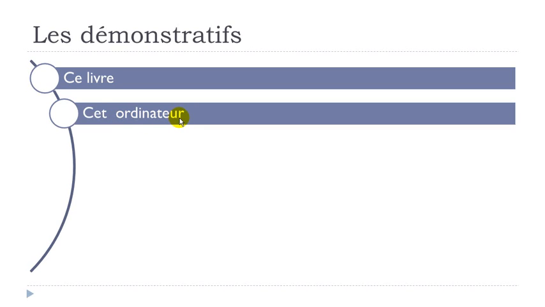Ordinateur is a masculine word, means computer, okay, but then if you look carefully, it starts with O, a vowel. So this ce ordinateur wouldn't be possible. So we've got to use the second option, as we saw previously. So it's cet, written like that, okay? Cet ordinateur, this computer.